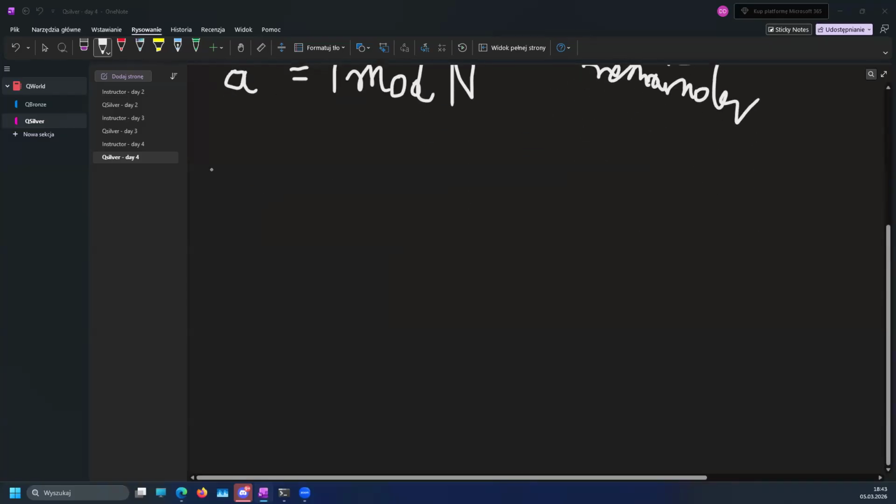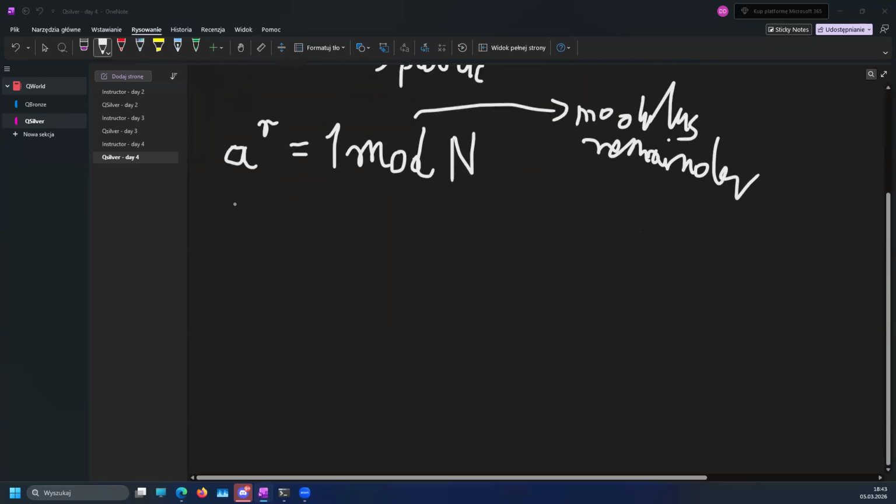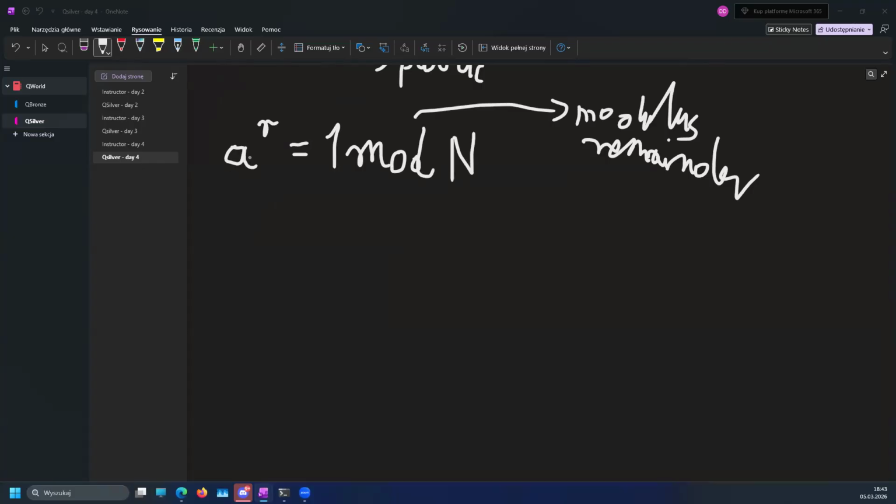So to make it clear, this theorem states that for any N, if there exists an a that is co-prime with N, then there exists an r for which this equation is true.